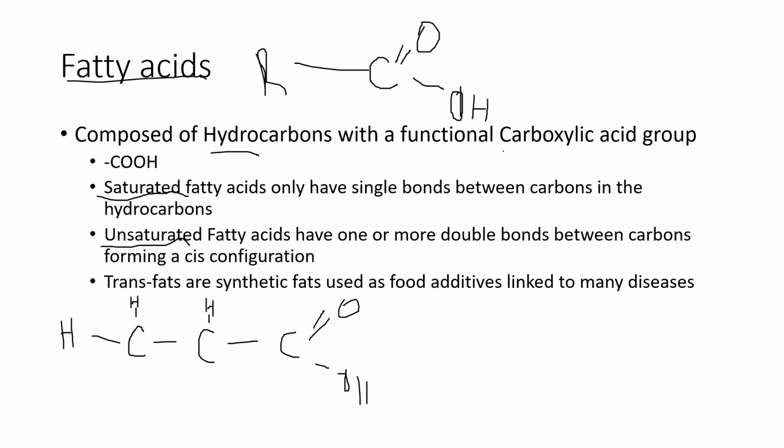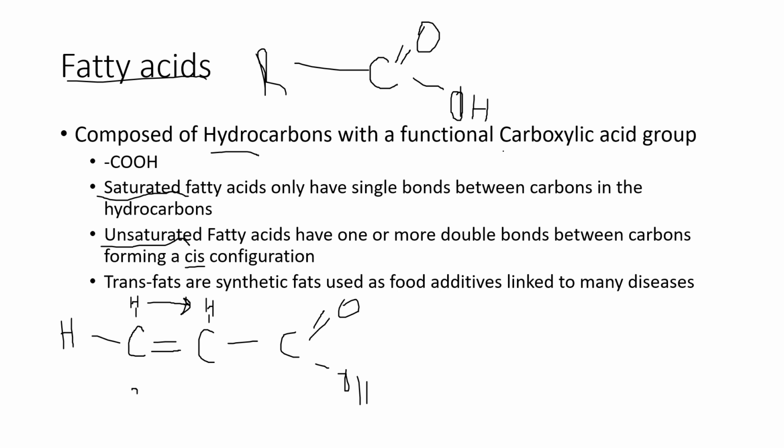Now, a lot of times what we can do is form double bonds. If we form a double bond here, what we end up with is an area where you should potentially have a space for another hydrogen. And so this is what we call an unsaturated fatty acid. Now, one thing you'll notice is the two hydrogens are on the same side, and so we call this a cis fatty acid.